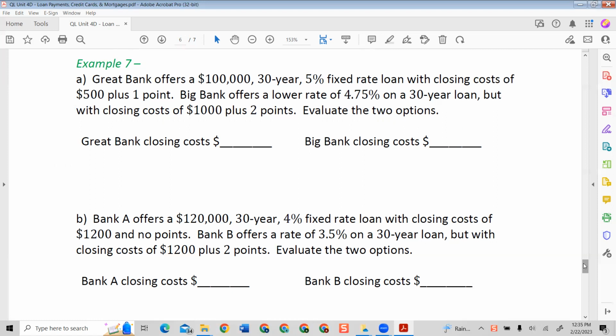So when we're looking at it, we notice again that it's going to have the $100,000 loan, right? And it's going to be for 30 years at a 5% fixed rate. So first thing first, I'm going to take the closing costs.